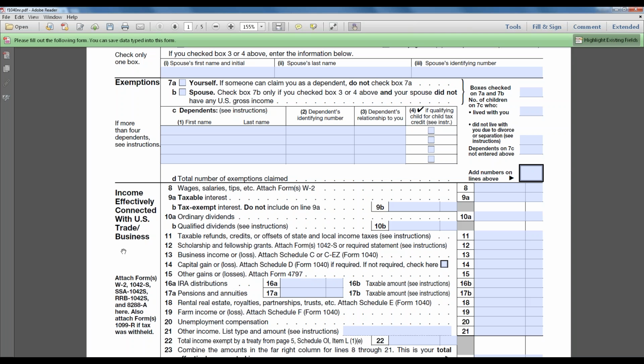It does make it U.S. source, but it does not make it effectively connected with a business, because you could be in the United States providing a service such as being a banker with a bank based out of London, and you come to the United States to meet your clients, I don't know, once a month for a week. So at the end of the year, you have 12 weeks of work in the United States.